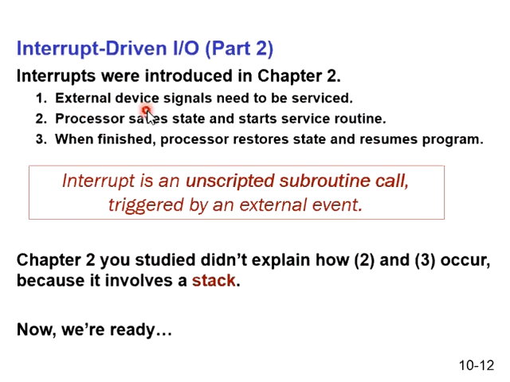When we work with an I/O device, we call them external devices, and they have some signals and they need to be serviced. At that time, the processor saves state and starts a service routine for the external device or input-output device. And when finished, the processor restores state and resumes the program. So at that time we say interrupt is an unscripted subroutine call and is triggered by an external event.